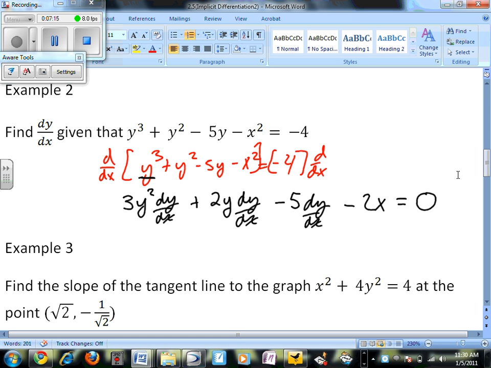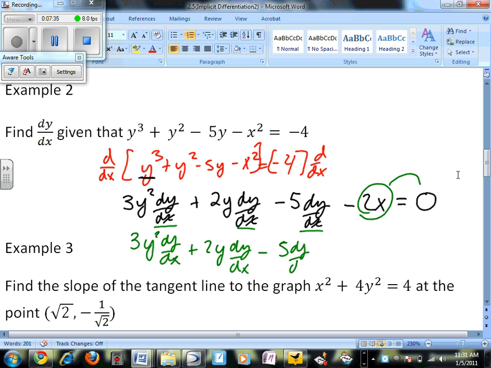All right, our guidelines now said take every term that has a dy dx in it and leave it on the left side. Take anything that doesn't and put it on the right side. So what I have is 3y squared dy dx plus 2y dy dx minus 5 dy dx equals 2x.